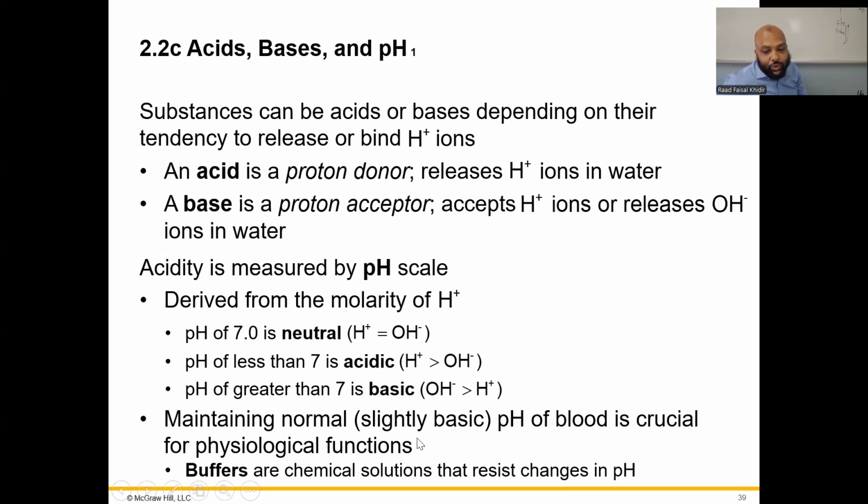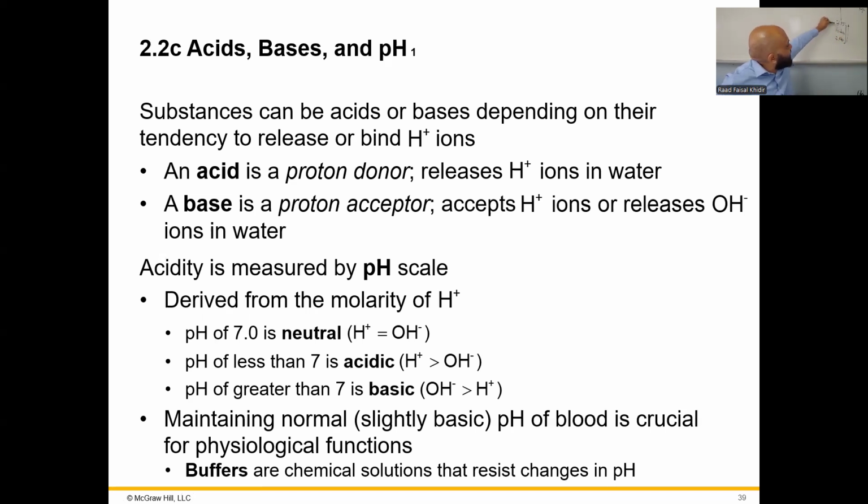So maintaining normal pH, maybe slightly basic, just a little basic, because you know neutral is 7. Our pH is not 7, it is not neutral. Our pH is slightly basic, because it's 7.35. We said 7 is neutral. We're not at 7.